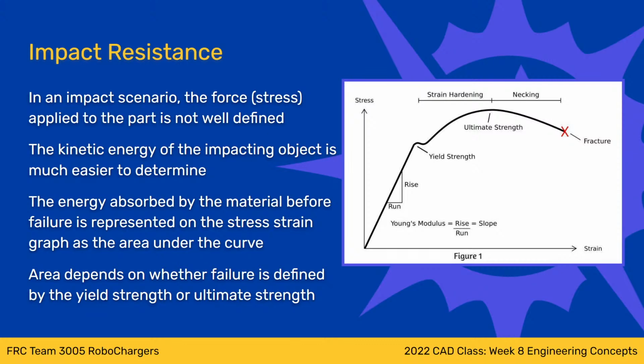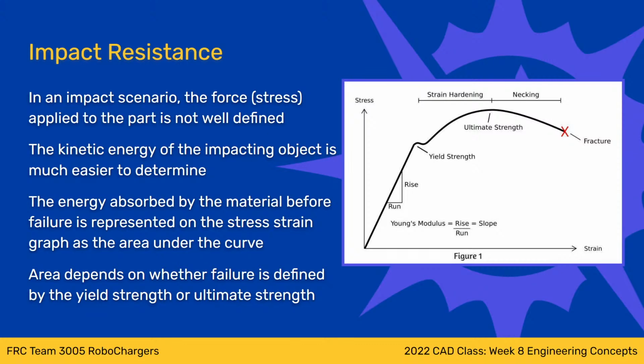So when we're talking about impacts, one thing that's a lot easier to determine is the kinetic energy of the impacting object. Essentially, what that means is, if I've got another robot, and it weighs 50 kilograms or something, and it's heading at me at 5 meters per second, I can calculate what the kinetic energy of that interaction is.